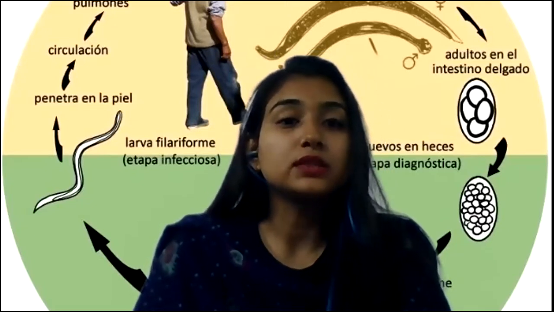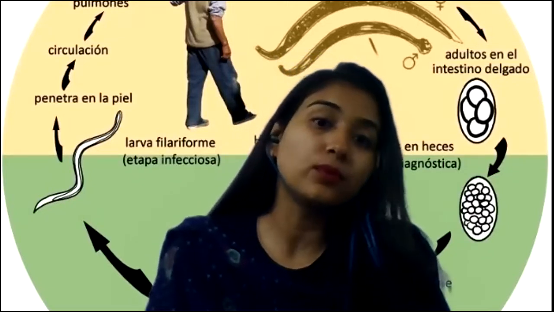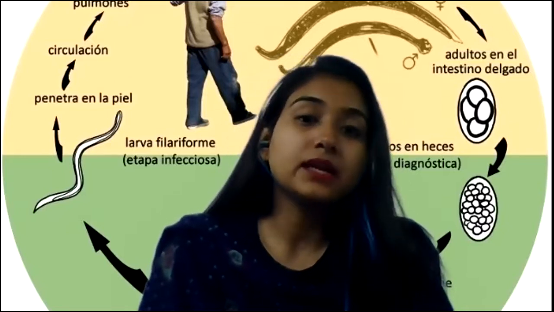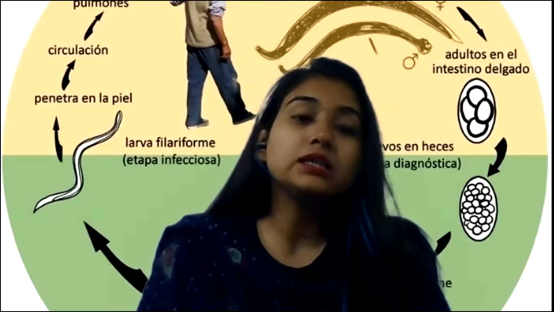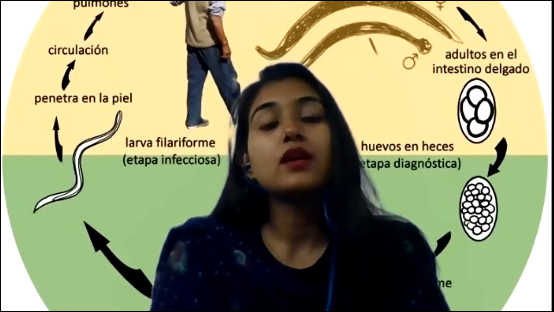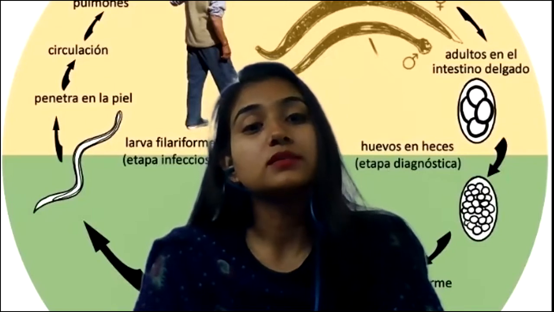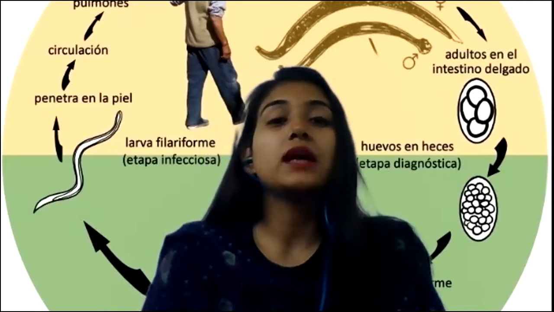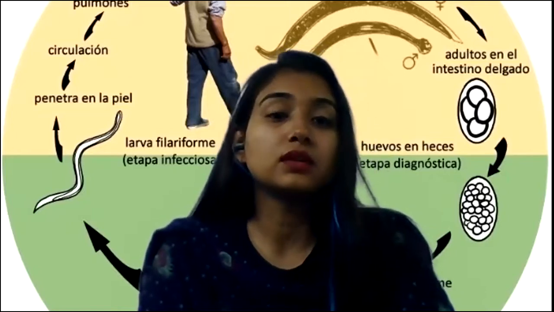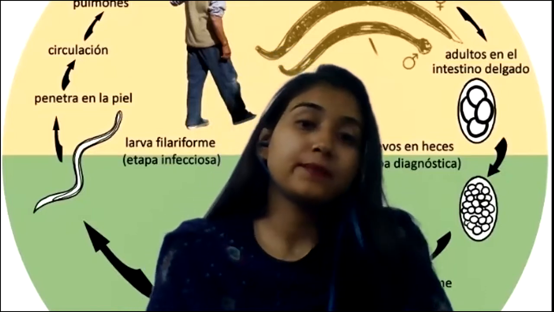The buccal cavity is armed with two pairs of teeth and two lobe-like teeth. It has both digestive and excretory systems. There are five glands connected with the digestive system, one of them called the esophageal gland, which secretes a ferment which prevents the clotting of blood from the site of bite.